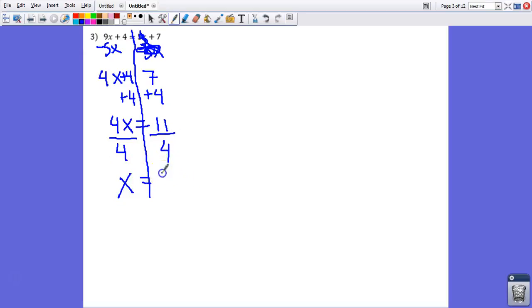So x equals 11 over 4, or what is that? 2 3/4. So that is also the same as 2.75.